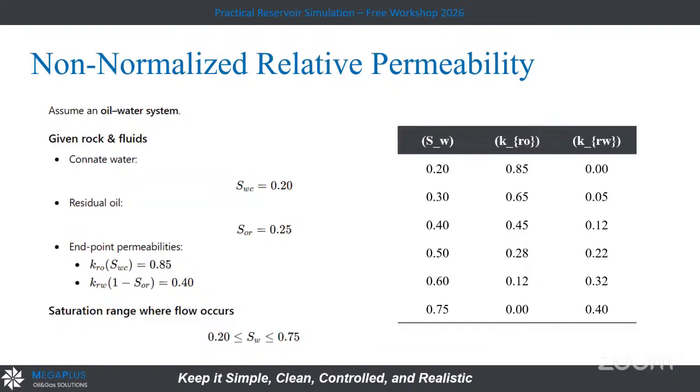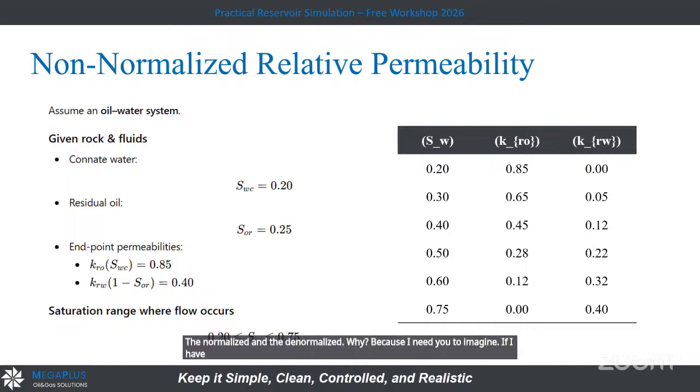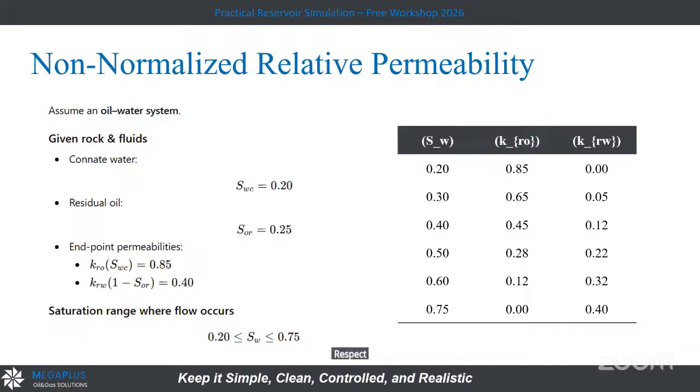Why? Because I need you to imagine I have a reservoir respecting the geology, and it has many rock types with many end point scalings, with different irreducible water saturation and oil saturation in each.